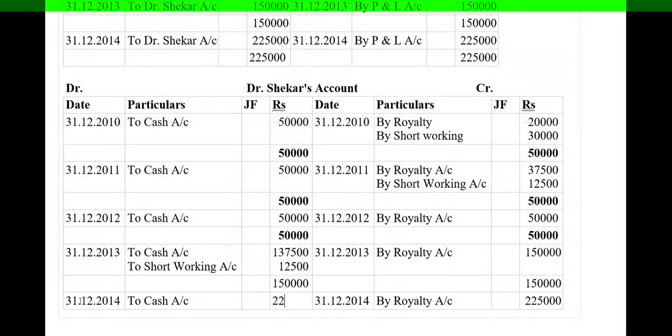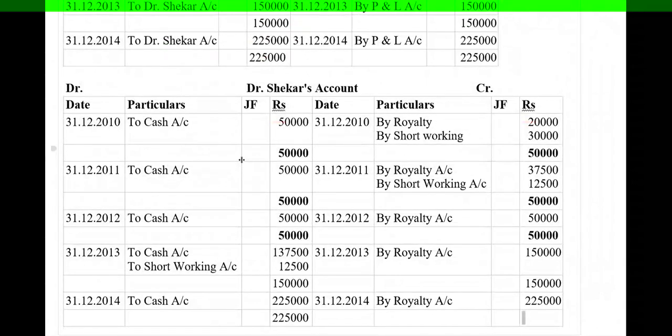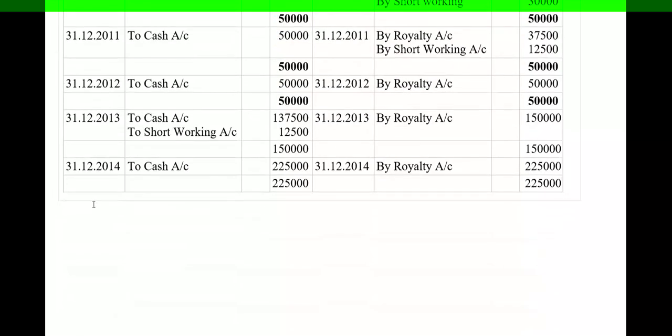So it is 2,25,000. So now let's take the total here. 2,25,000. So this is about Dr. Shakers account. The next account we need to prepare is that short working account.